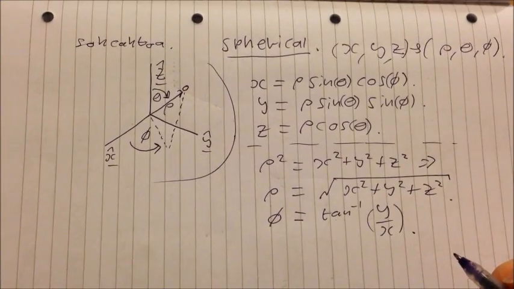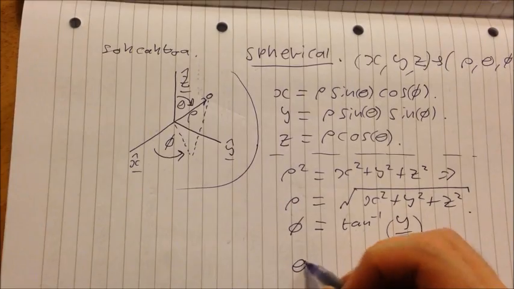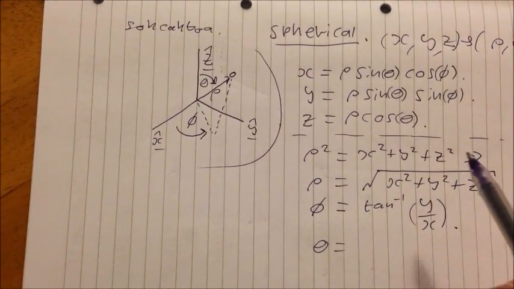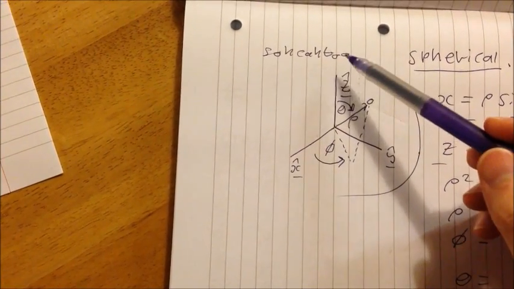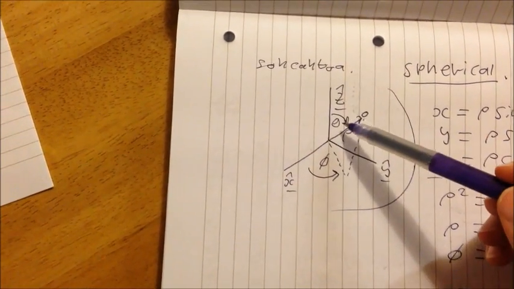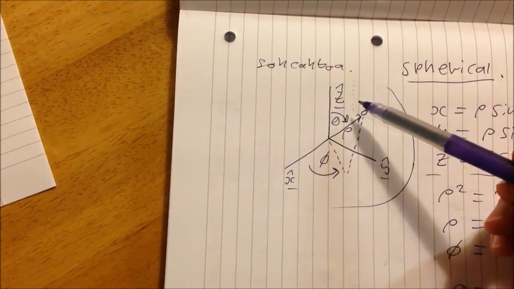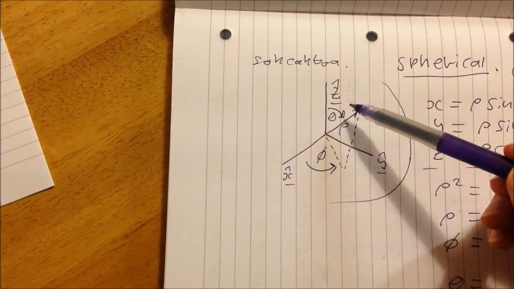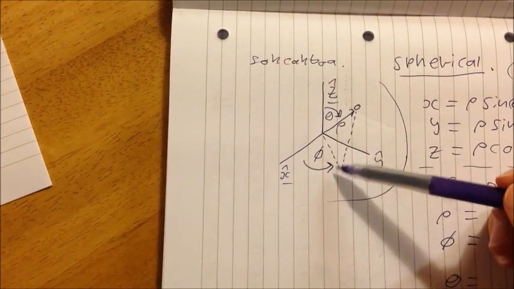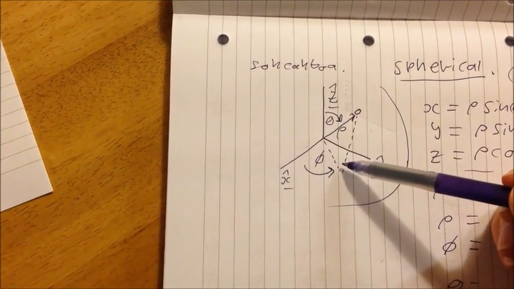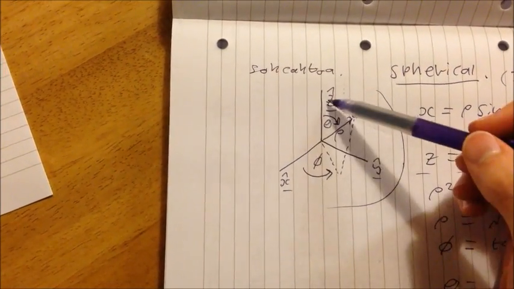Okay, and finally theta, using some trig again. Tan is opposite over adjacent, so looking at theta here, opposite is, using Pythag, the root of x squared plus y squared, because it's the equivalent of this.